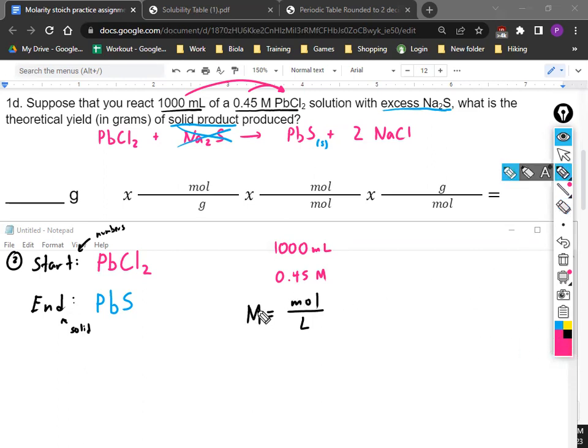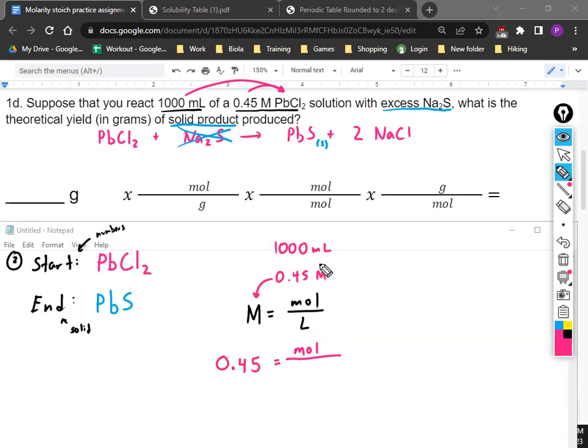So if you take a look at capital M right here, do we have a number for molarity? Yes, right here, 0.45. So we can just plug in 0.45 right here. Okay, now we want to find moles, so we're going to leave that there, and then we have to do the number on the bottom.